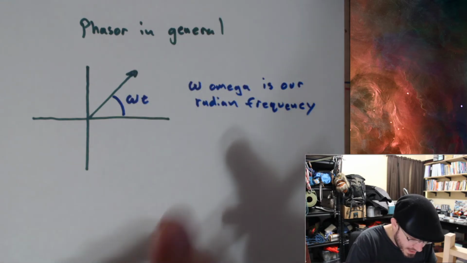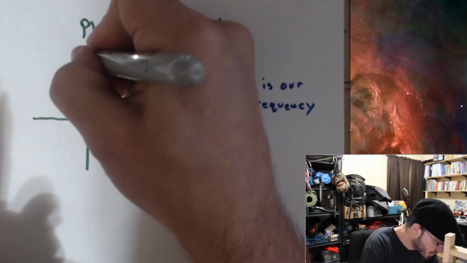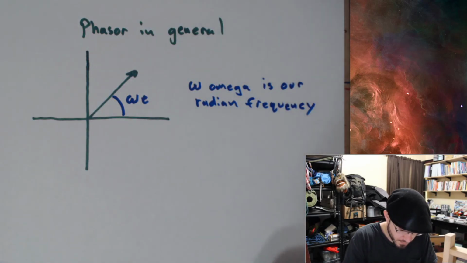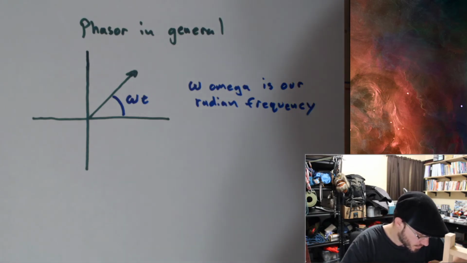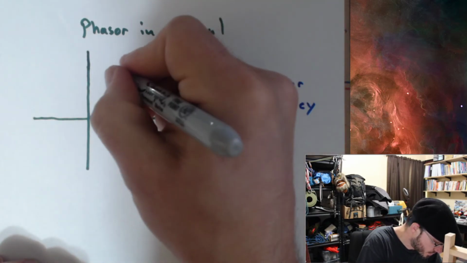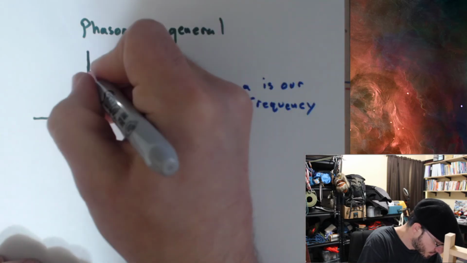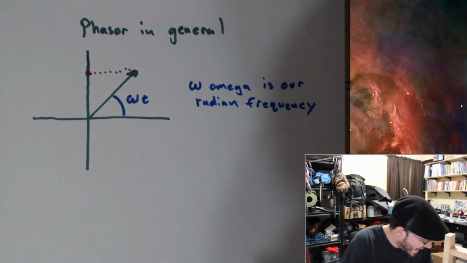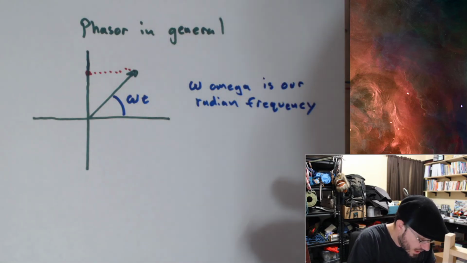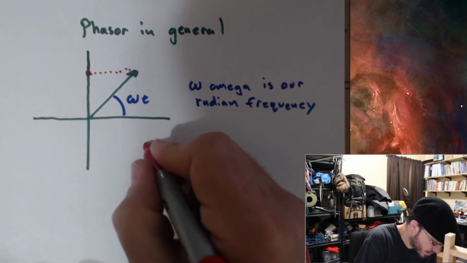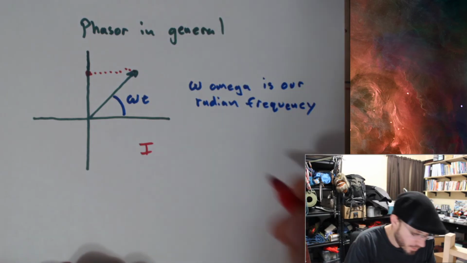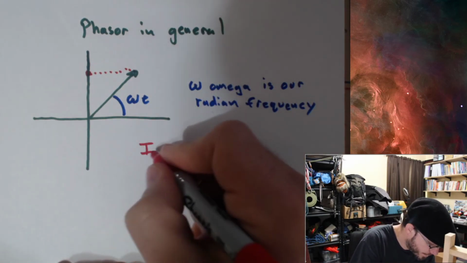And for the instantaneous value, as being the projection along the y-axis, gives us an equation where we can go ahead and use our trigonometric functions to define that.